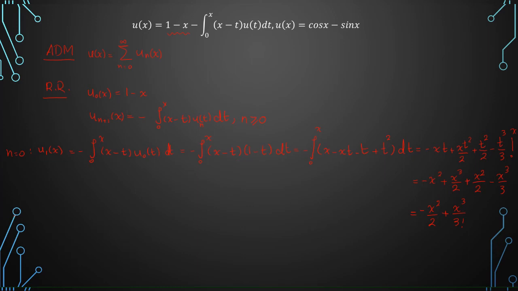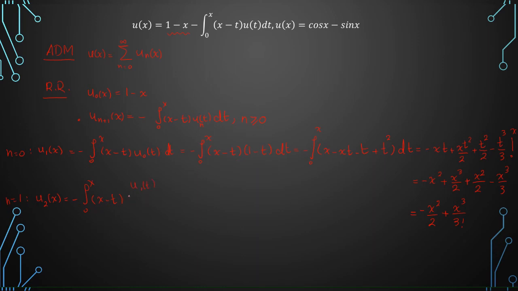Now we can get the next one when n equals 1. We can get u2 of x, the third one, and this will be equal to, remember, we are substituting in this recurrence relation, so we will have minus the integration from 0 to x of (x minus t) u1 of t dt.